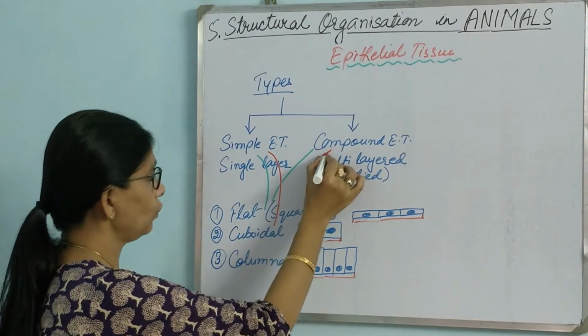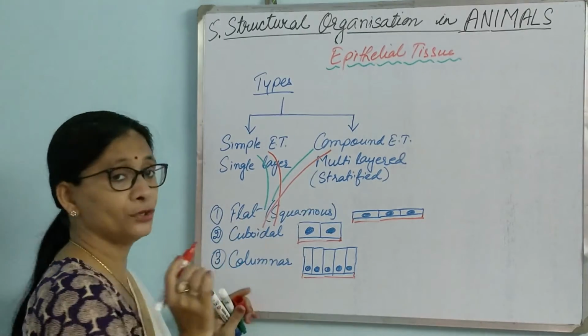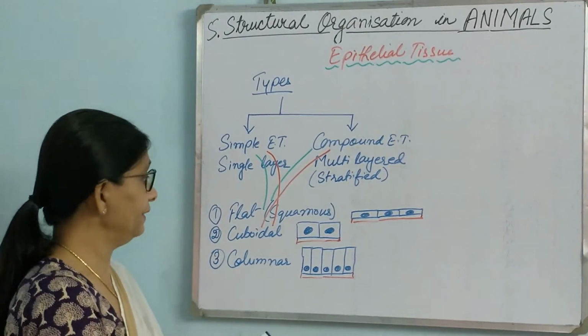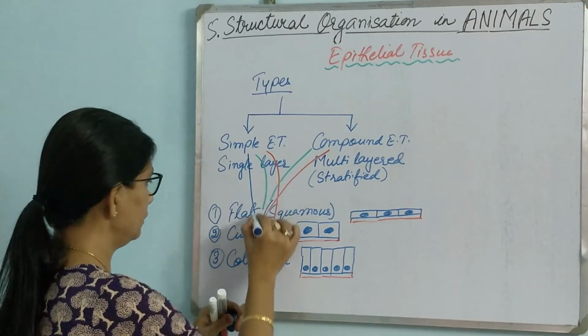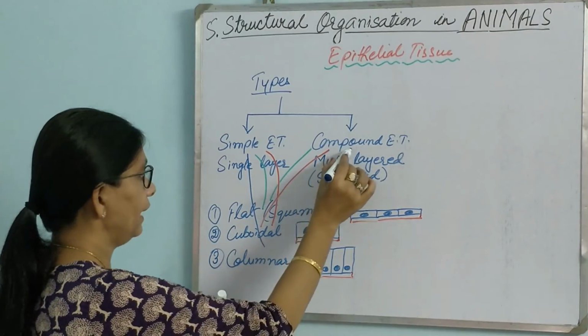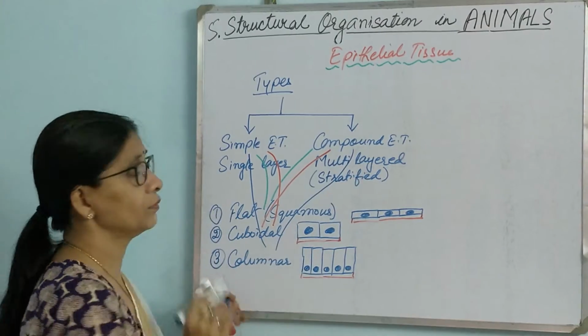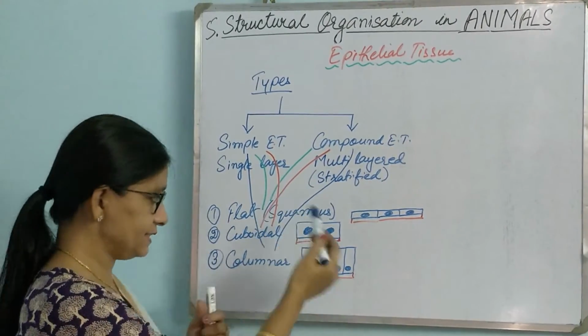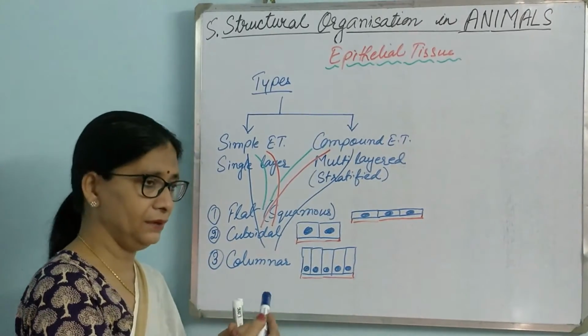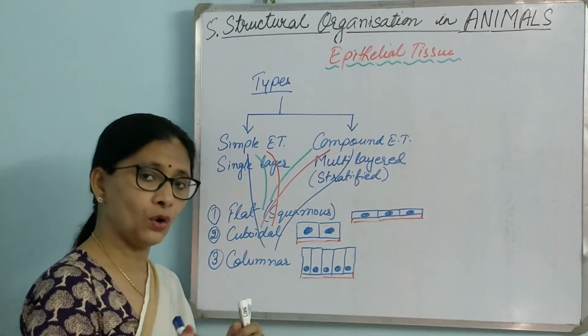We will also have compound cuboidal epithelium. And then again, we shall have simple columnar epithelium and also stratified columnar epithelium.